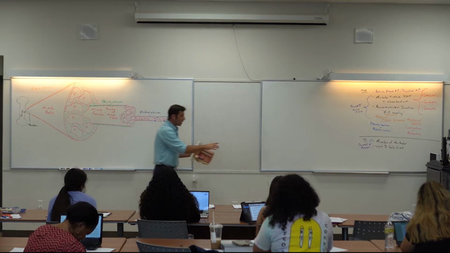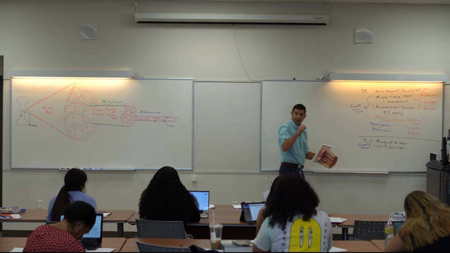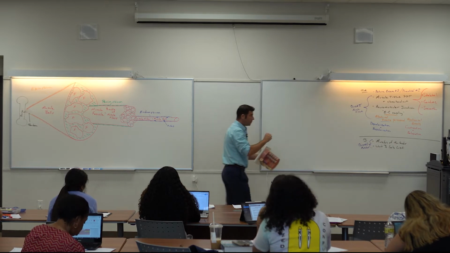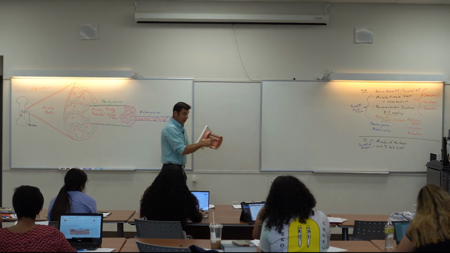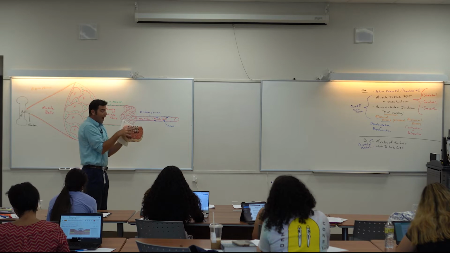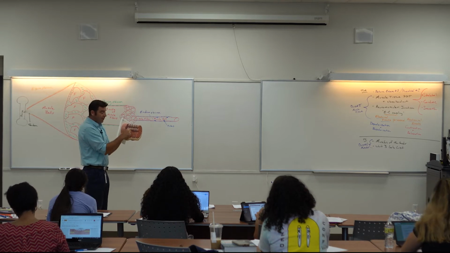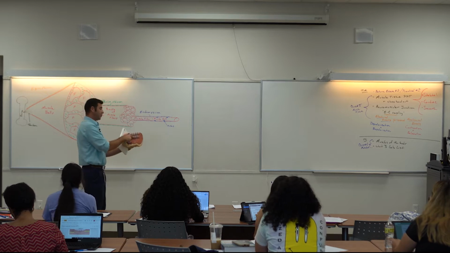Later on, when we talk about a muscle actually contracting, it requires calcium ions to contract. And if we want the muscle to relax, we need to get rid of calcium ions. Here's where those calcium ions are stored, and when we want calcium ions to move out of the fluid of the muscle cell, they have to go back into this net-like organelle that we're going to call the sarcoplasmic reticulum.